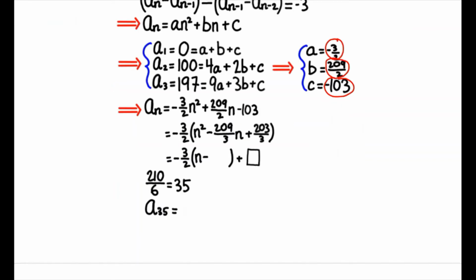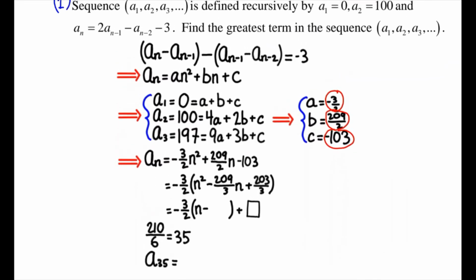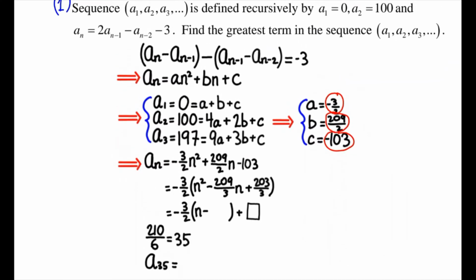So we're going to be left with minus 3 divided by 2 times n minus 209 divided by 6. This is because this is 209 divided by 3 divided by 2, making it so that both of these, the n squared and this, are canceled.